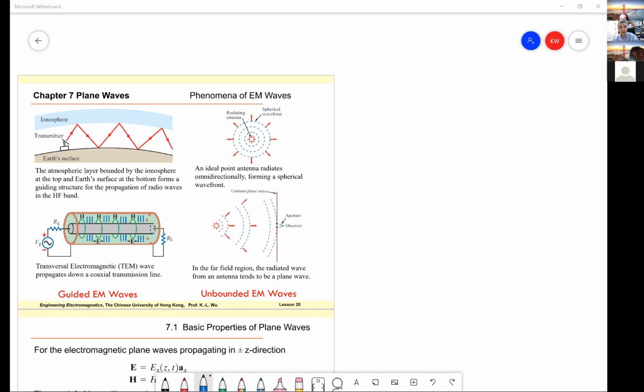The behavior is the same, right? So we don't need to discuss them one by one and repeat. We just talk about how waves propagate in free space, the basic concept. Then we will use that concept in different fields, right? We know how to use that.